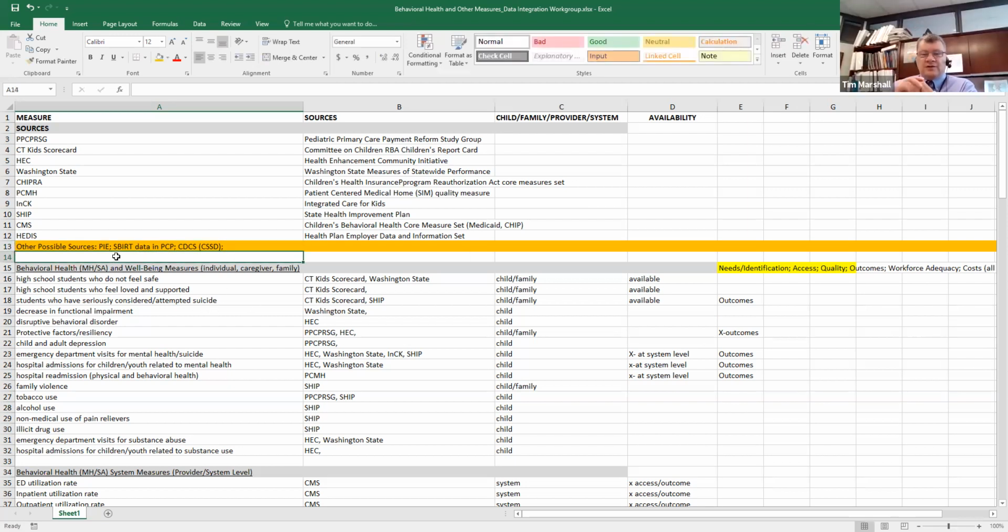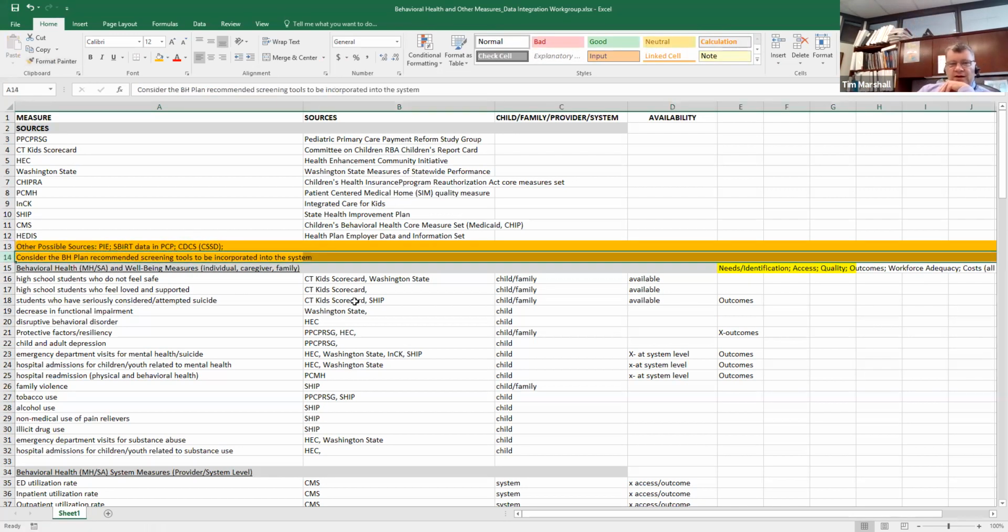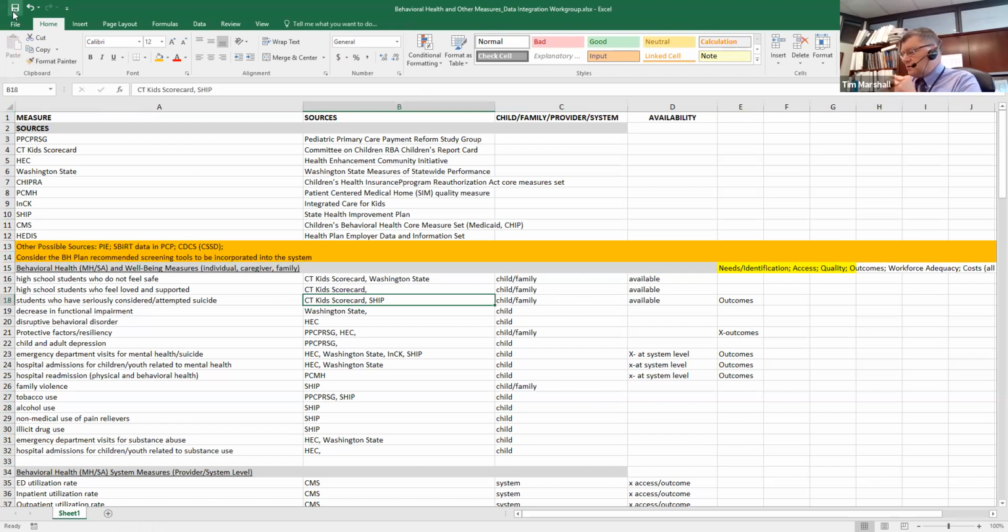Yeah, I thought about that earlier, Elizabeth, and I was going to say something. It's a great resource for us and the work of this group in its largest context. And if we can get back to promoting some of those screening tools in Connecticut and across the system, that helps us regardless of the data source.